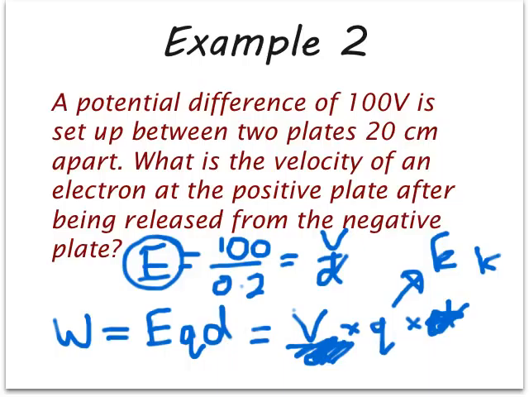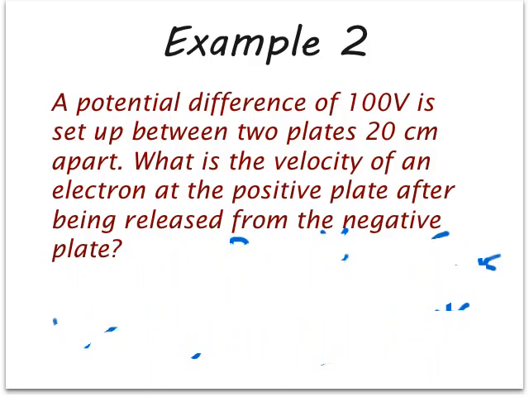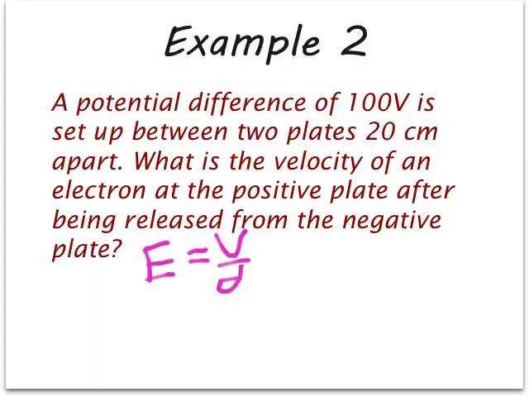Another way, we did work out the electric field strength. So let's look at a more interesting way. Electric field strength, remember, was equal to V over D. What if we then use that for a force? So force equals EQ.